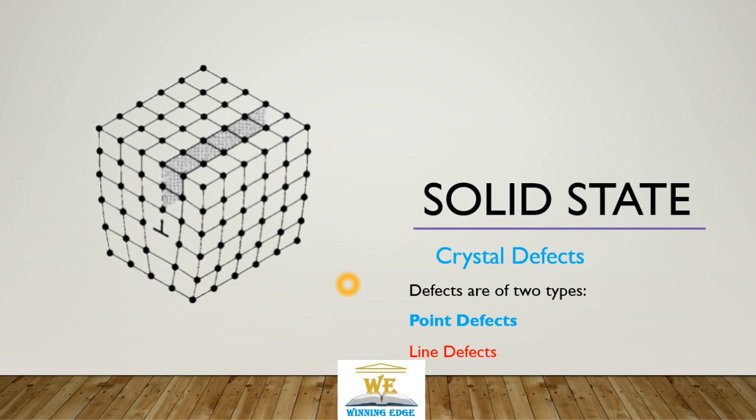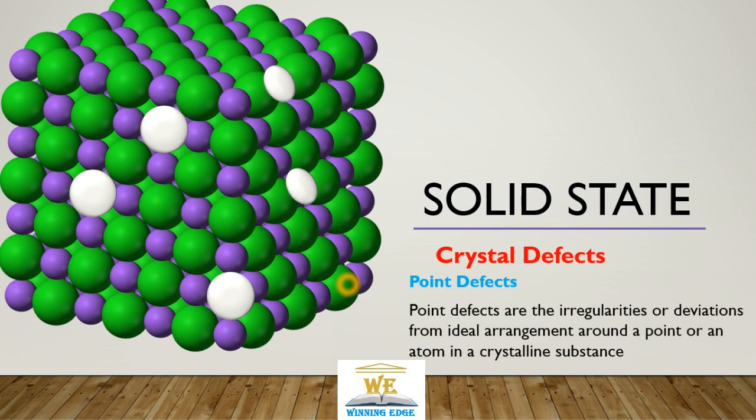Now we start first with point defects. Point defects are irregularities or deviations from the ideal arrangement around a point or atom in a crystalline substance, like you see here. Here we see a regular arrangement of green balls. At certain points you can see there are defects.